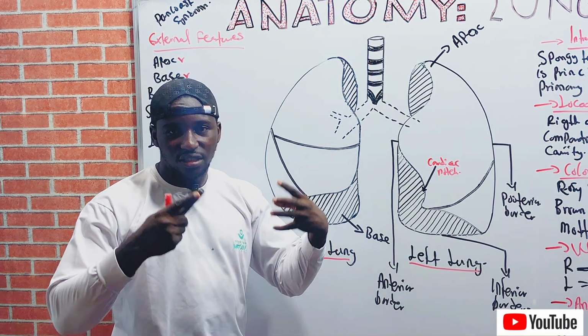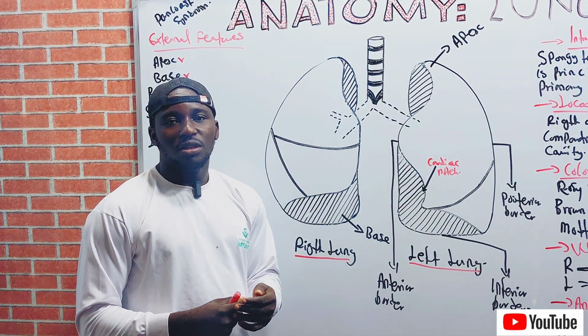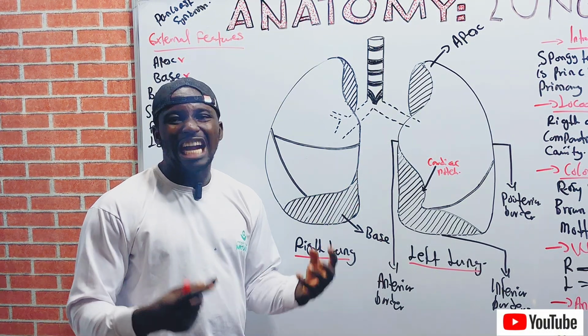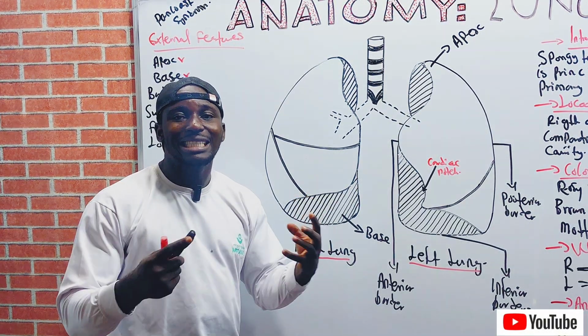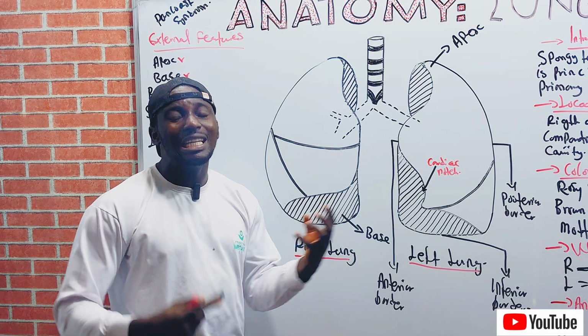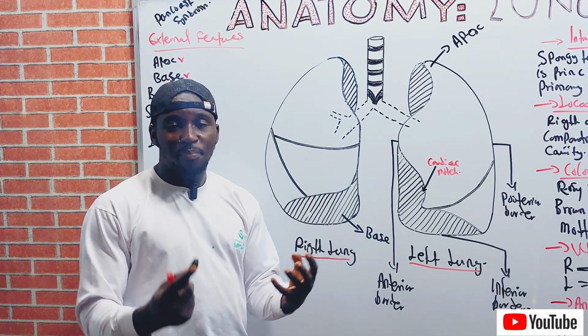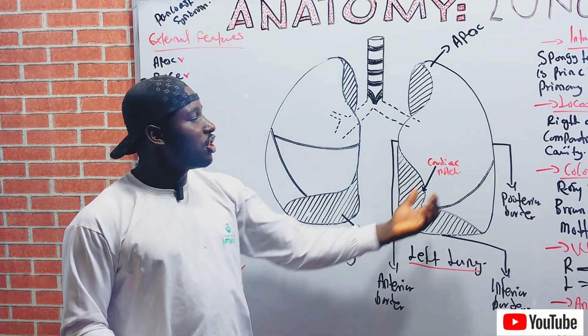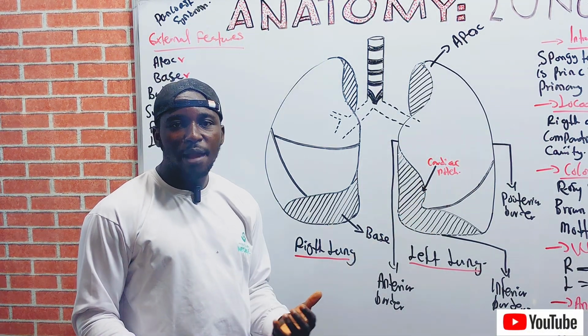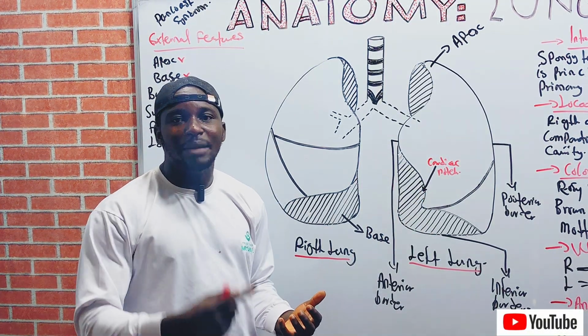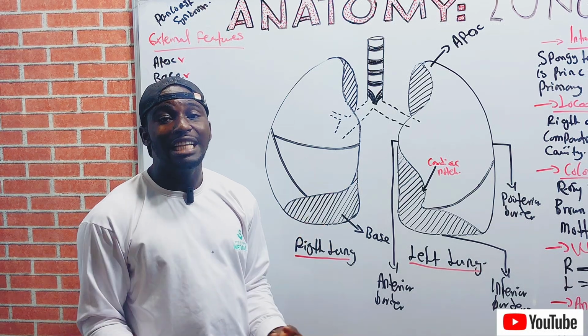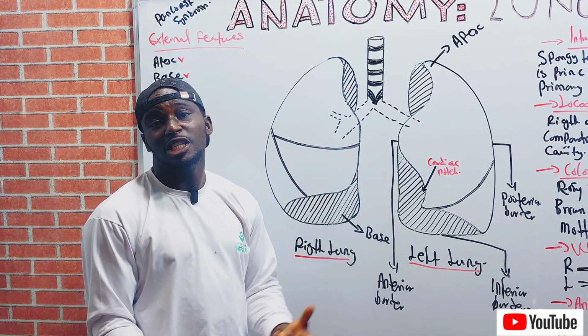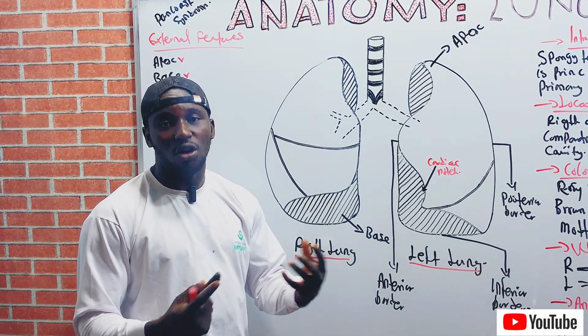Now, the cardiac notch accommodates the heart apex and the pericardium. That means the region of the cardiac notch is where the heart and the pericardium are uncovered by the lungs. That is why it is responsible for the area of superficial cardiac dullness.